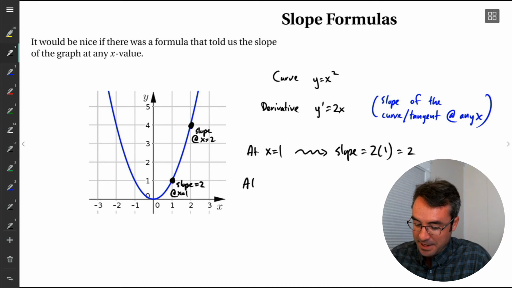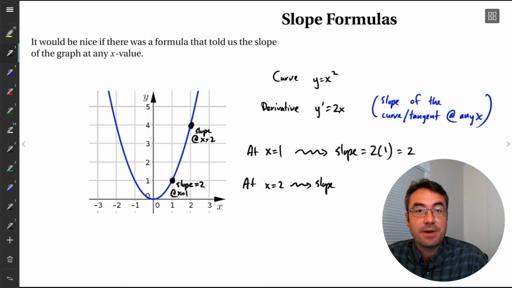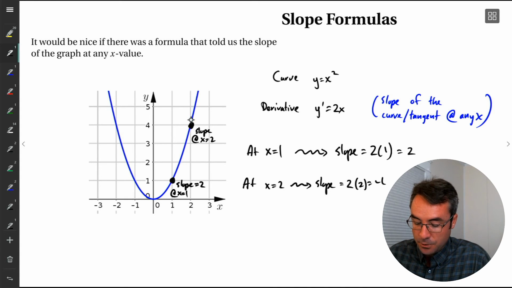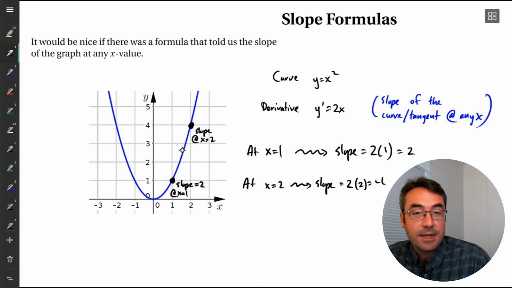If we were interested in that, we could go to our nice derivative formula and just plug in. So at x equals 2, the slope would be 2 times the x value, 2 times 2, which is 4. So if we were to draw in the tangent line at this point, the tangent line that we're drawing in should have a slope of 4.